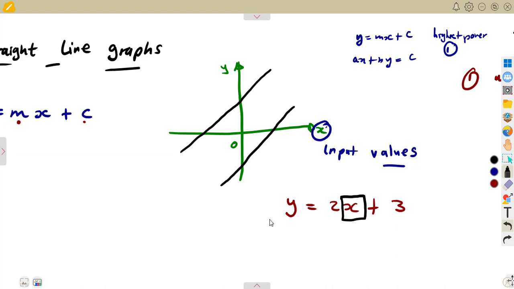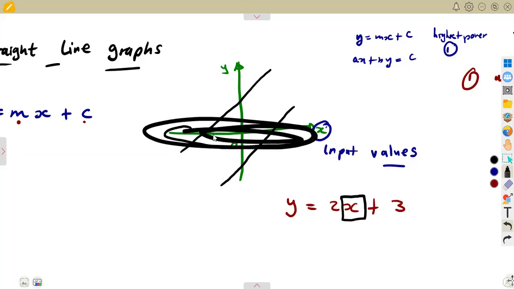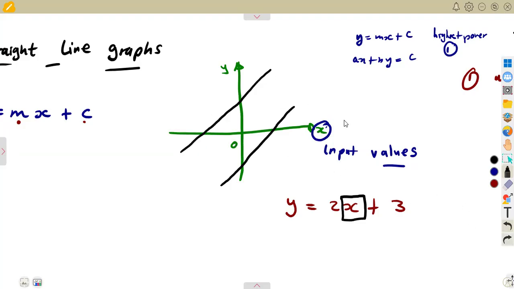So x values are the inputs. Meaning, as you are to draw this graph, you focus on the x values along the x-axis. These are the values that you concentrate on. You insert these values to obtain the y values, which are the output values. So for each x value, it has an output, which is the y value.